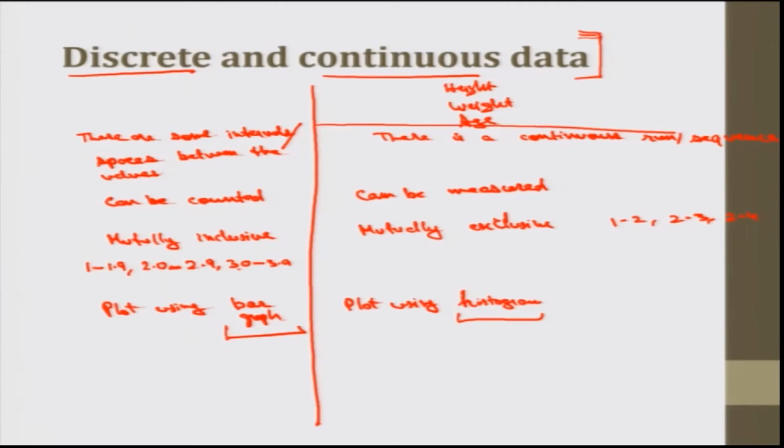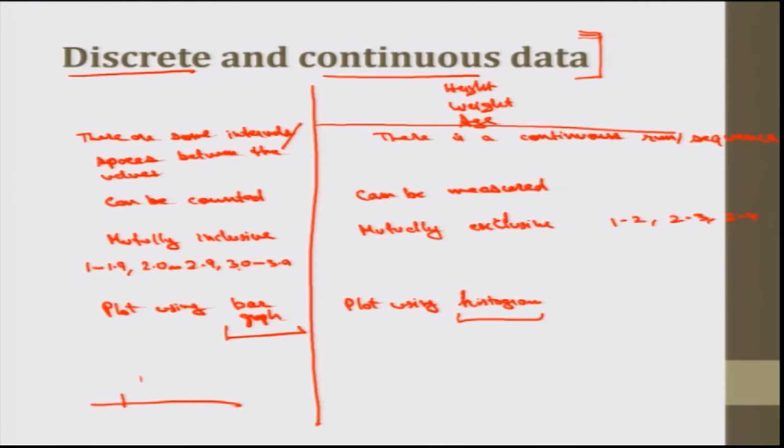So, the major difference between discrete and continuous data is that in discrete data we have spaces in between, there is no connection between the two lines, there are certain lines, there is no connection between them. Okay. If there are 2 or 3 lines like this, we cannot connect them in discrete data.